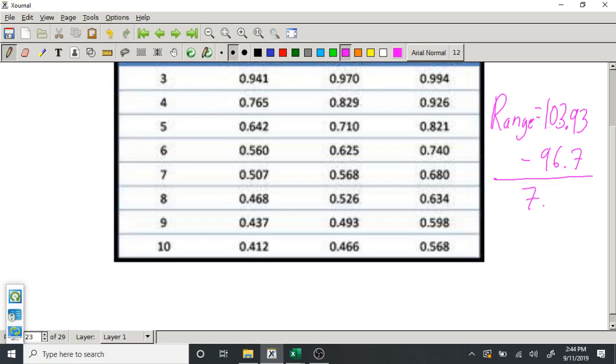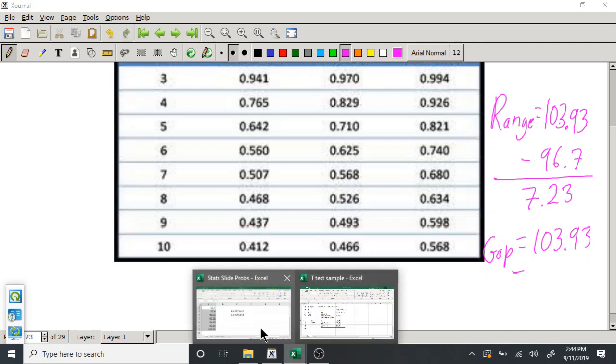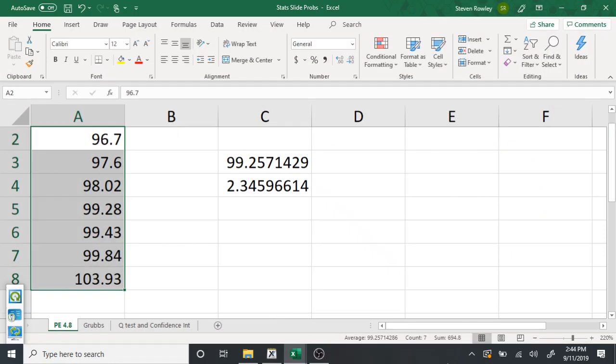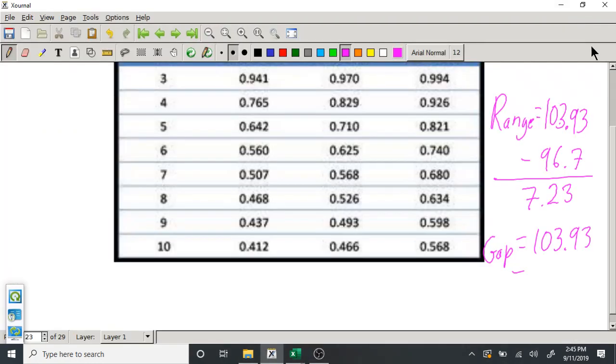And the gap is 103.93 minus 99.84. That's pretty big.